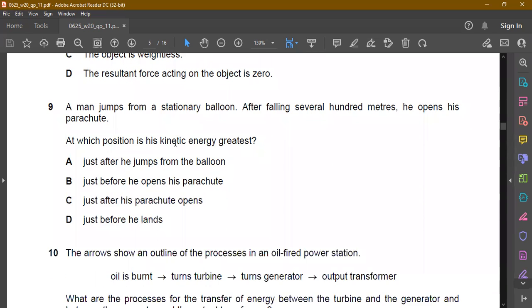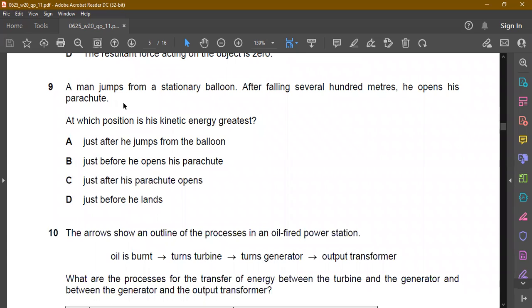Okay, and then number 9. A man jumps from a stationary balloon. After falling several hundred meters, he opened his parachute. At which position is his kinetic energy greatest? Okay, you can imagine this man jumps from a stationary balloon. Of course, the initial velocity equals 0 because initially he's not moving.